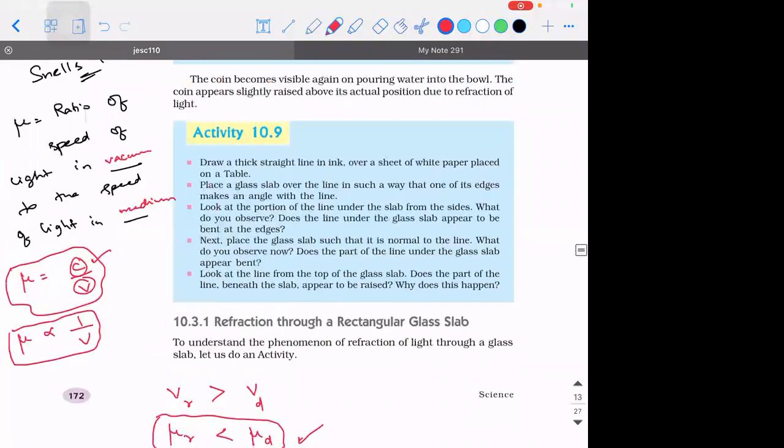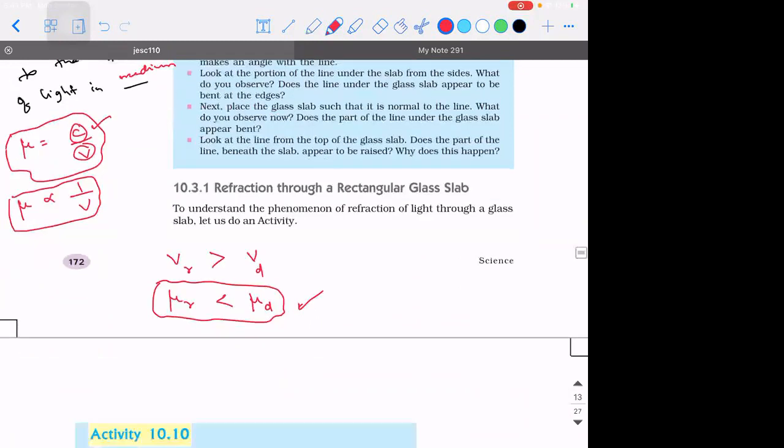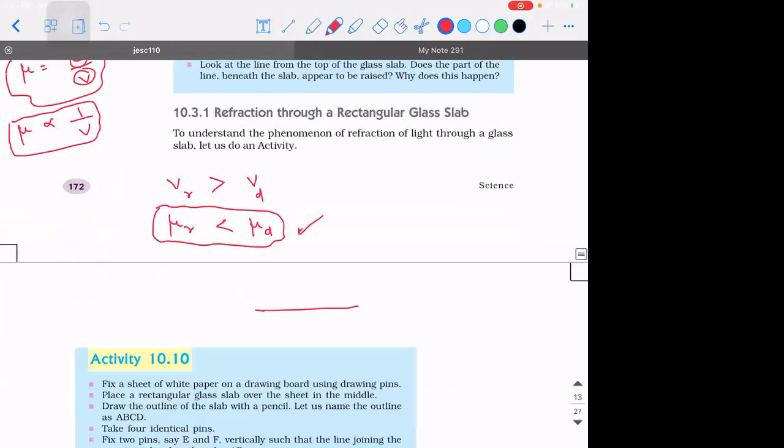Okay. Shall I proceed? So another way to look at Snell's laws: if there is a boundary like this, say this is medium 1 with refractive index mu1, this is medium 2 with refractive index mu2.